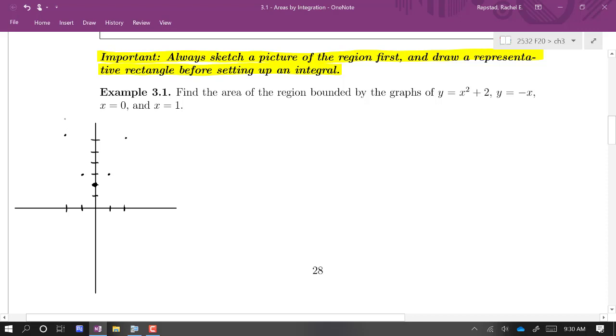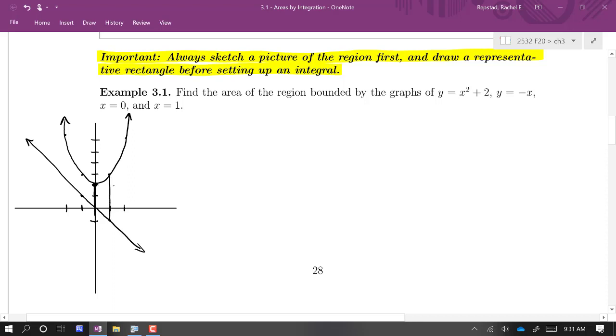So x squared plus 2 looks something like this. And then the other function is y equals negative x, a line with slope negative 1 through the origin. And the other lines are x equals 0 and x equals 1. So x equals 0 is the y-axis, and x equals 1 is right here.